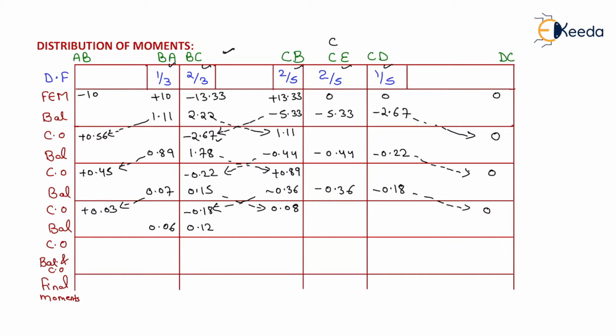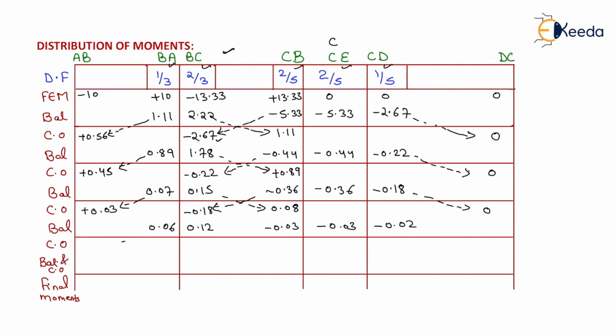Similarly, at joint C, there will be an unbalanced moment of plus 0.08, which needs to be balanced by a moment of minus 0.08, which needs to be distributed in CB, CE and CD according to their distribution factor. So minus 0.08 by 2 by 5 will be equal to minus 0.03, the same in CE, that is minus 0.03, and in CD it will be equal to minus 0.02.